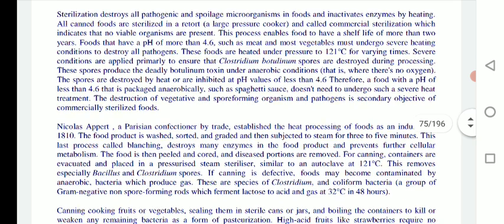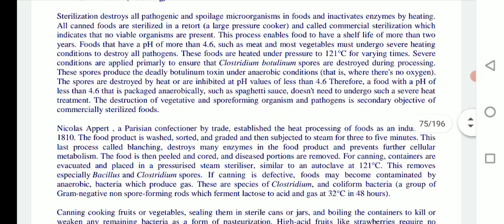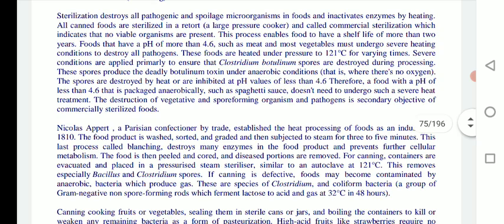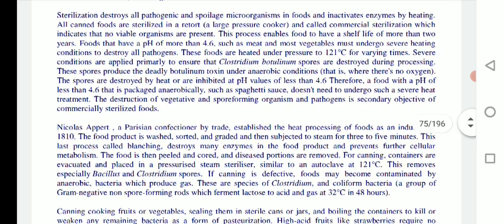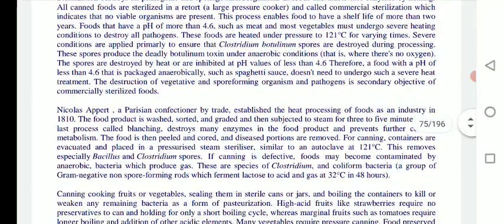And foods that have a pH of more than 4.6, such as meat and most vegetables, must undergo severe heating conditions to destroy all pathogens. So these foods are heated under pressure to 121 degrees Celsius for varying times.